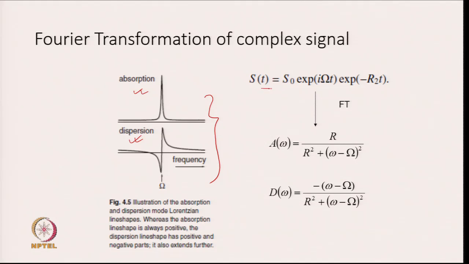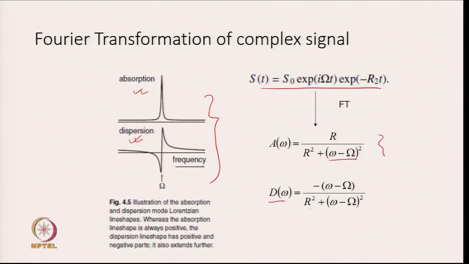So, if we take Fourier transformation of this signal, what we are going to get is A of omega, which is equal to R divided by R square plus omega minus capital omega square, whereas D of omega is given by minus omega minus capital omega divided by R square plus omega minus capital omega square.